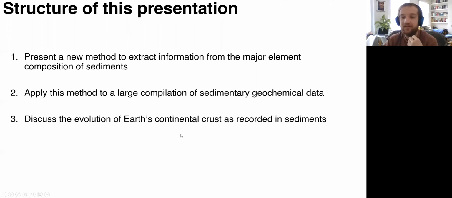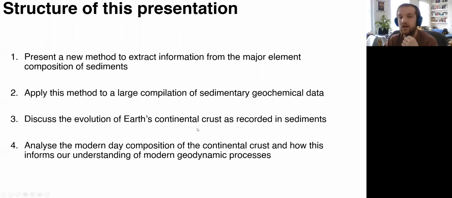Next, I'll discuss how we can use this data and my method to comment on the evolution of the Earth's continental crust through time. And finally, we're going to look at the modern day composition of the continental crust and see how this can inform us about how continents form and evolve.